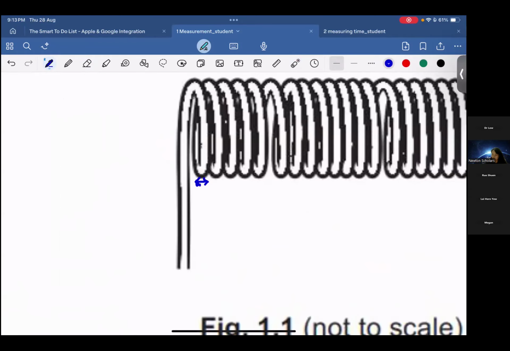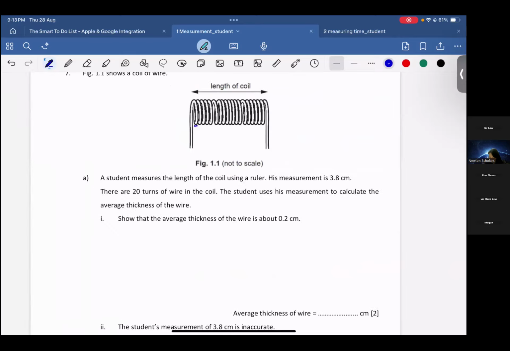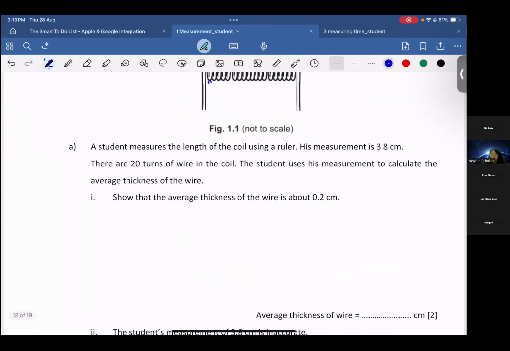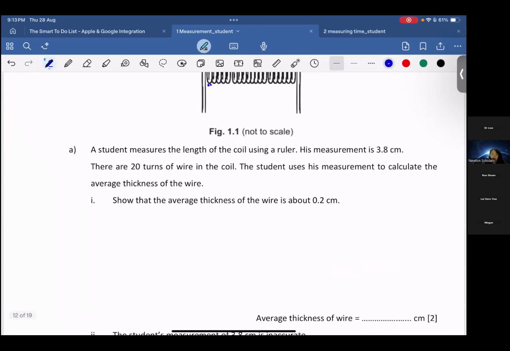Can you show me the average thickness of the wire is about 0.2 cm? Are you able to get 0.2 cm for the thickness of the wire? If you're able to get it, tell me yes.